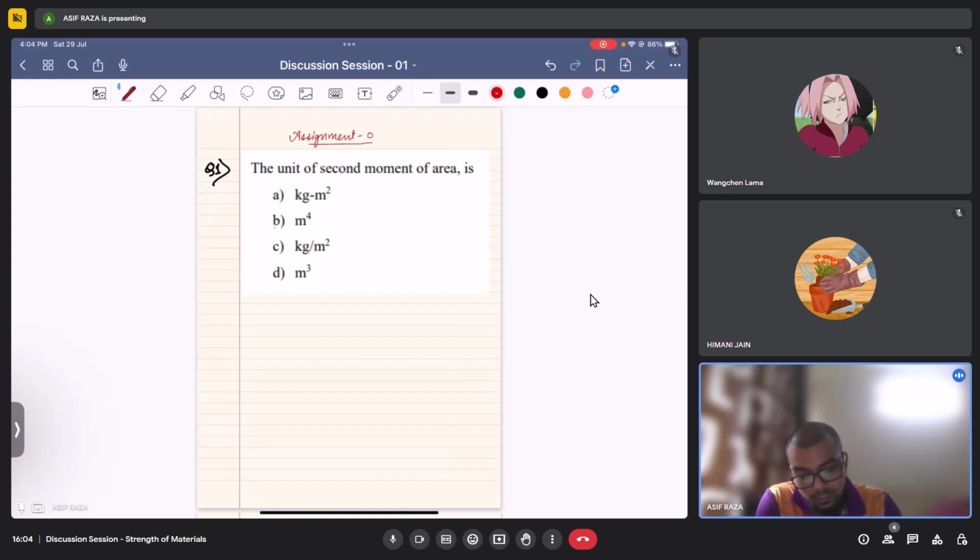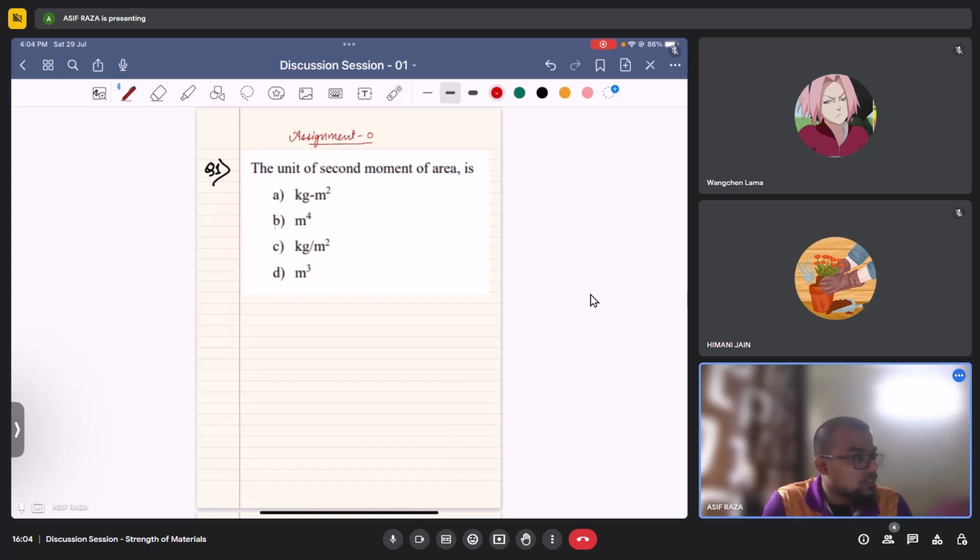So the first question is: the unit of second moment of area is, and options are A, kg meter square, B, meter to the power 4, C, kg per meter square, and D, meter cube.